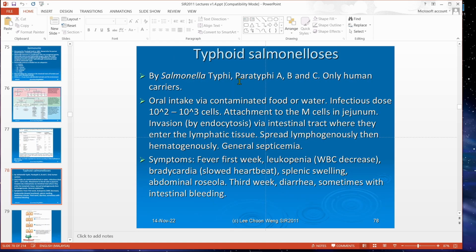Typhoid salmonellosis. Remember, only Typhi and Paratyphi are the ones that are important. Only human carriers, and the infective dose is hundreds to thousands. It attaches to M cells, and then, similar to the EIEC that we studied earlier, there is endocytosis invasion.